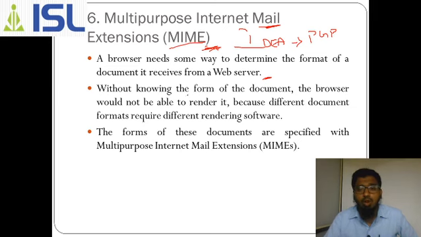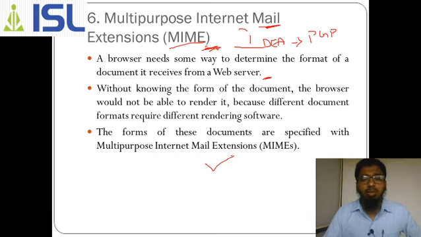Without knowing the form of the document, the browser would not be able to render it, because different document formats require different rendering software. So the form of the document is specified with multi-purpose internet mail extension. With this we will get the data from the web server.